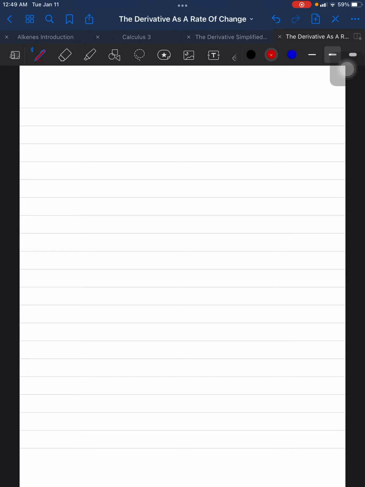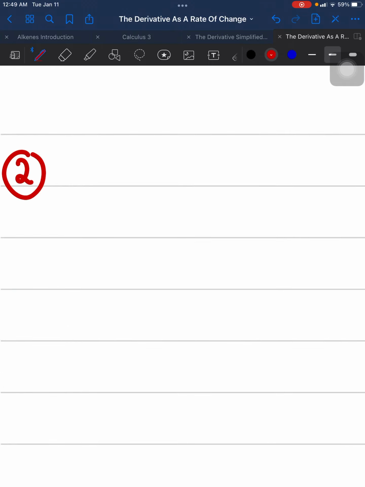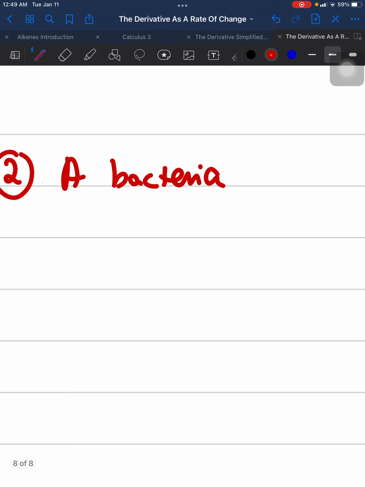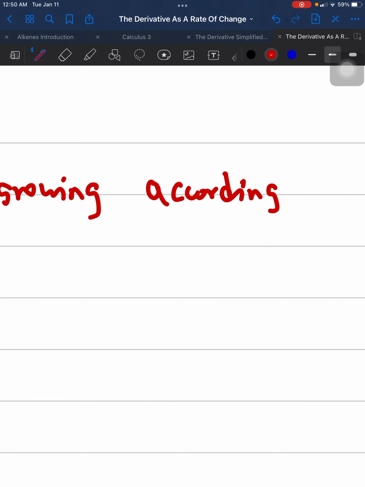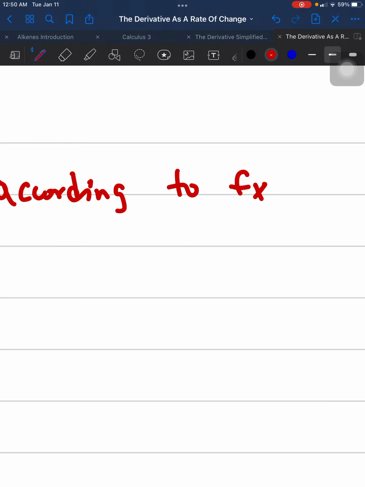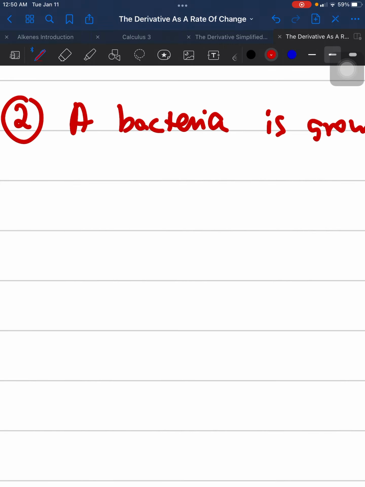Now moving on to a second question about bacteria, a real life application. Let me write down the question. A bacteria is growing according to the function, so this is going to be the position function.